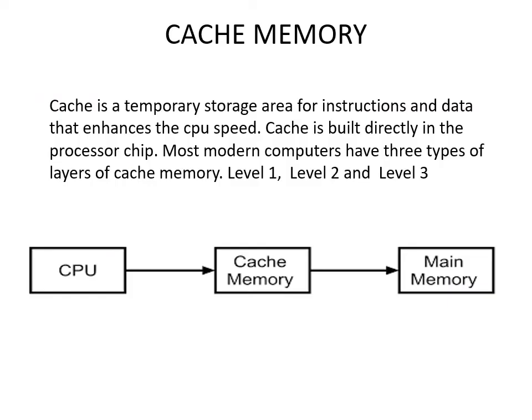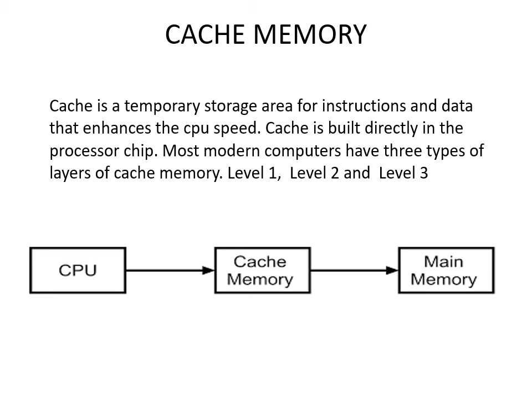Cache memory. Cache memory is a temporary storage area for instructions and data that enhances the CPU speed. Most of today's computers improve their processing time with cache memory.